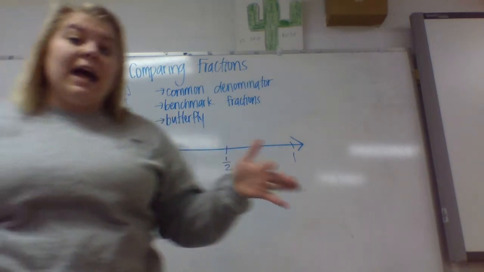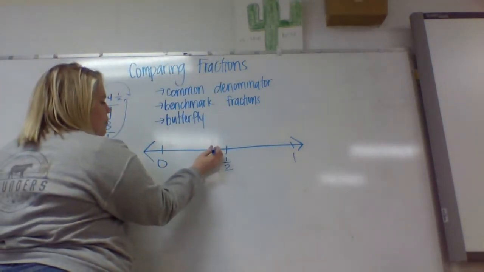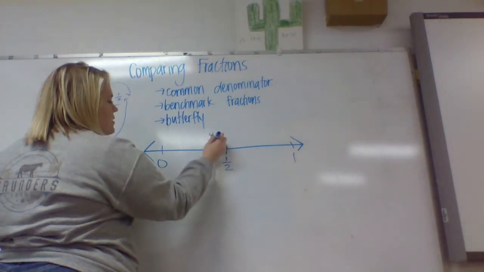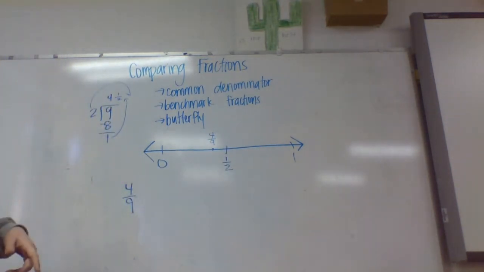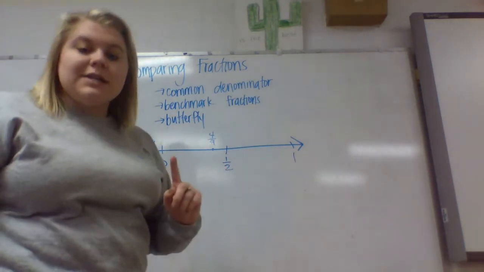So 4 and a half is half of 9. Well, I have 4. So that means I'm really, really close to 1/2. So 4/9, if I look at my number line, is much closer to 1/2 than it is anything else.